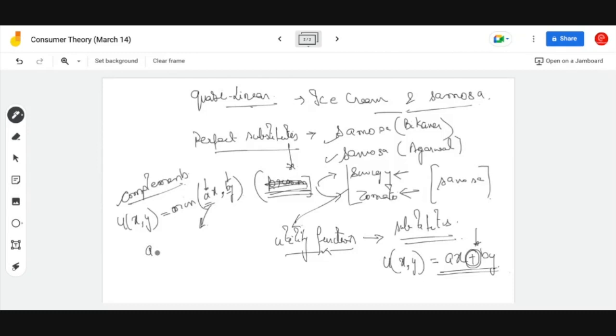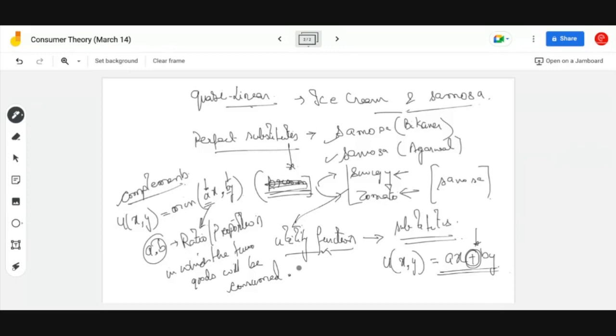A comma b represent the ratio or proportion in which the two goods will be consumed. Is it clear? So a and b represent the proportion. That's why we call it a minimum.